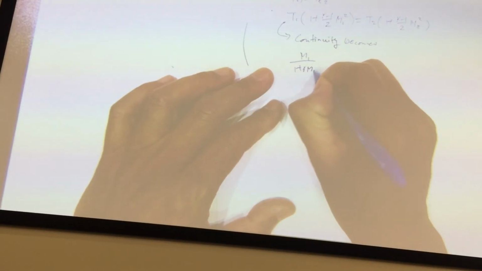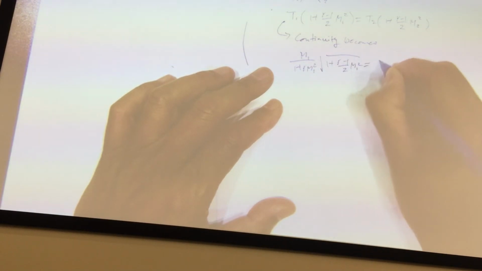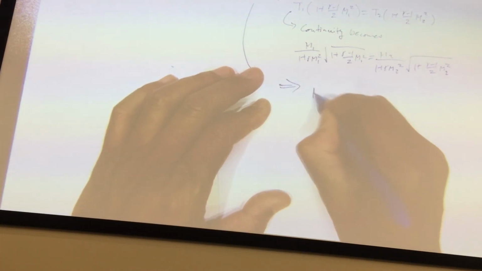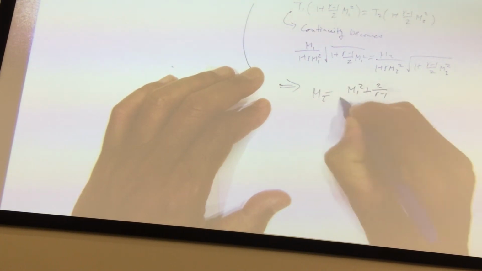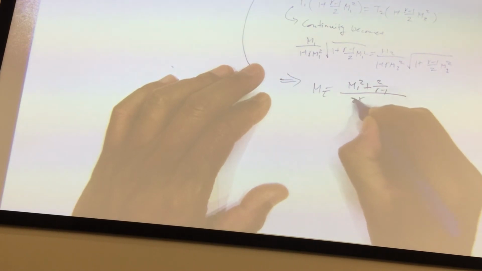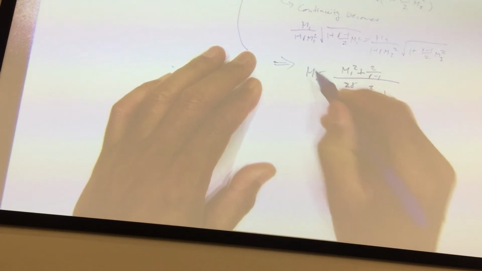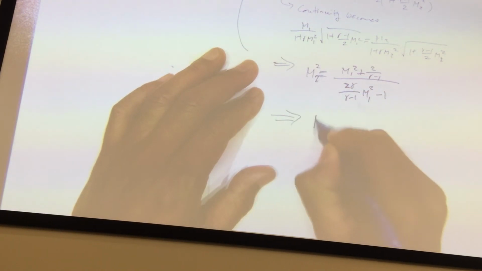So your continuity becomes M1 times 1 plus gamma M1 squared, square root of 1 plus gamma minus 1 over 2 M1 squared, is equal to M2 times 1 plus gamma M2 squared, square root of 1 plus gamma minus 1 over 2 M2 squared. So eventually, you find M2 squared is equal to M1 squared plus 2 over gamma minus 1, over 2 gamma over gamma minus 1 M1 squared minus 1. So this is your M2.